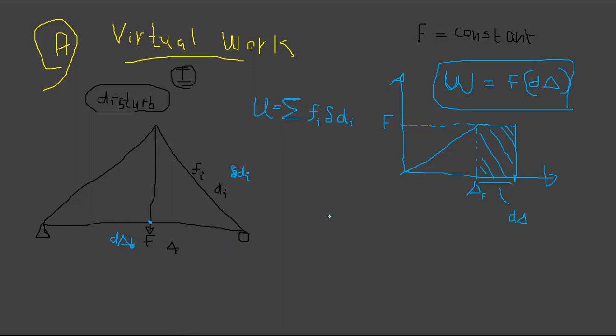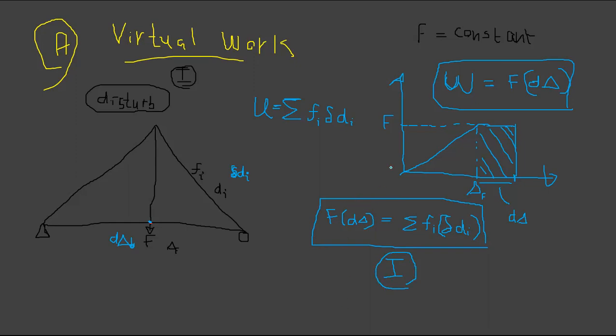So according to the energy principle, you have F d delta is equal to sigma Fi delta di, right? So this is the first way that you can disturb the structure.